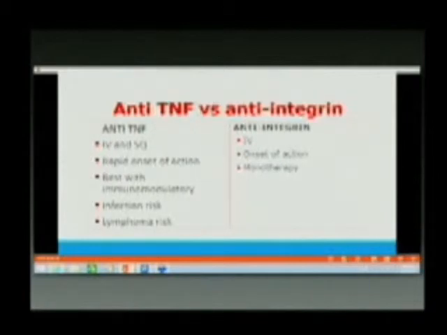If you were to choose whether you're going to start anti-TNF versus your anti-integrin agent, it depends. You have to choose the route. As I mentioned earlier, patients who can go to the hospital and get an every 8 weeks IV infusion might choose IV therapy. There are some patients who do not like to go to the hospital, then yes, they can use the sub-Q route.